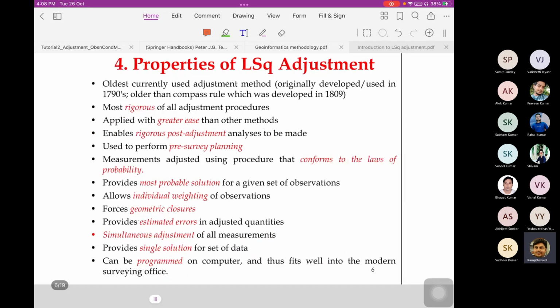What are the properties of least square adjustment? These are the properties. One by one, you can read them out. You should quickly go through them once. It is the oldest, originally developed in the 18th century.